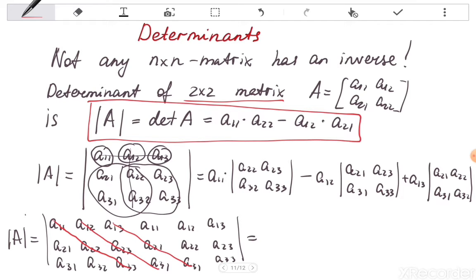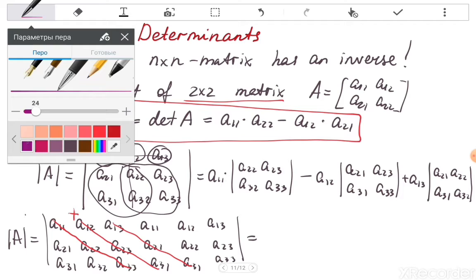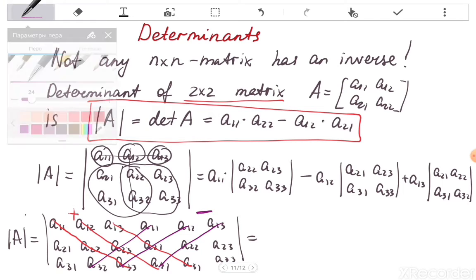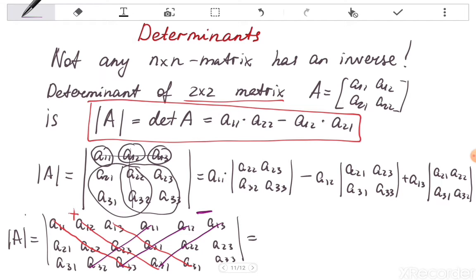So these things we take with plus sign, and the other things, so this diagonal and this diagonal and this diagonal, we take with minus sign. So let me write what it is.